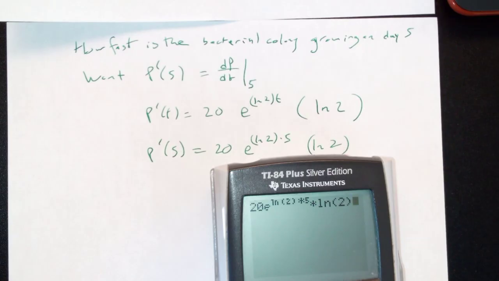Twenty e to the ln2 times 5 times ln2. My bacterial population is increasing by 444 colonies per day at this point in time.